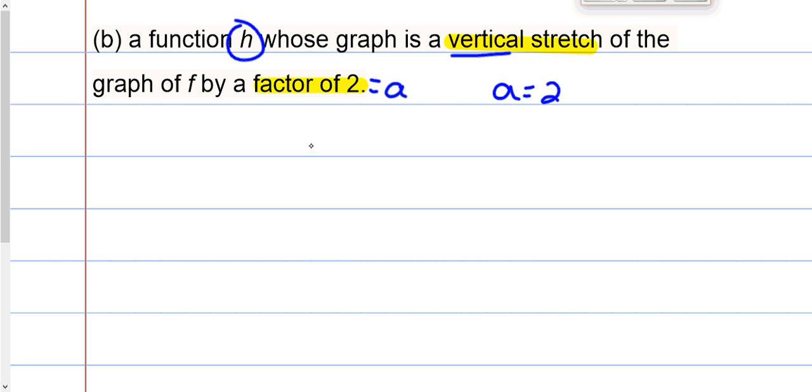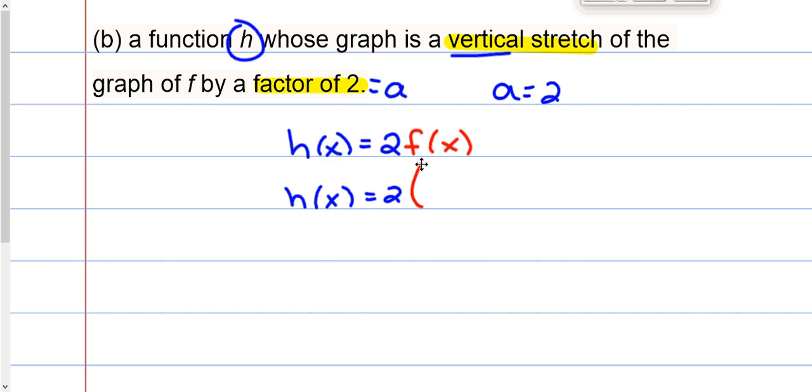So if I'm starting with a new function, h of x, I'm going to take that 2 and put it on the outside of my old f of x function. Stretches and shrinks are multiplied, so 2 times f of x. So now there's going to be a little more work with this one. I have h of x equals 2 times. Now we're going to write down that entire problem from before, which is the absolute value of x minus 3, close the absolute value, minus 5. That's that f of x from that previous problem.